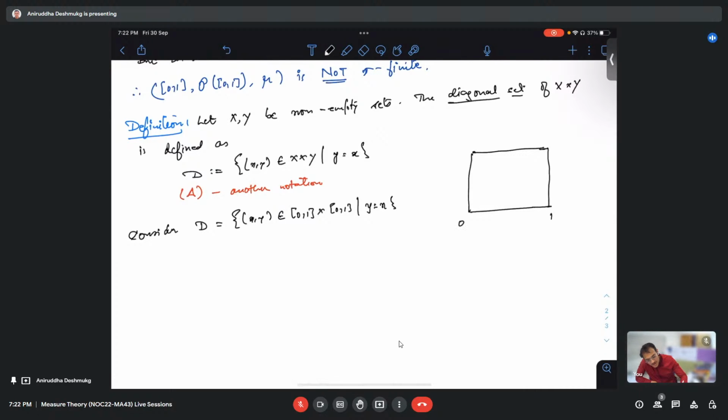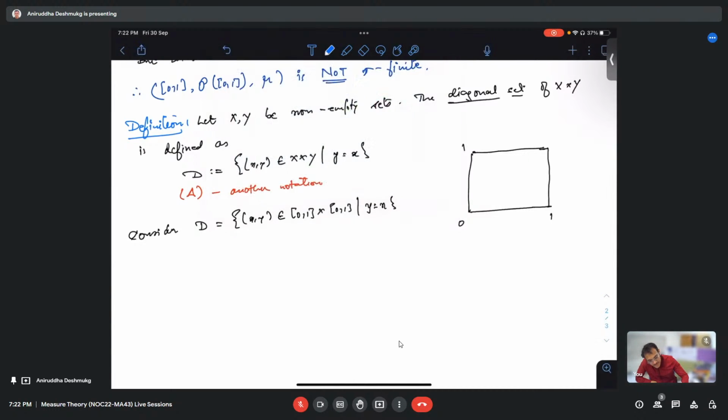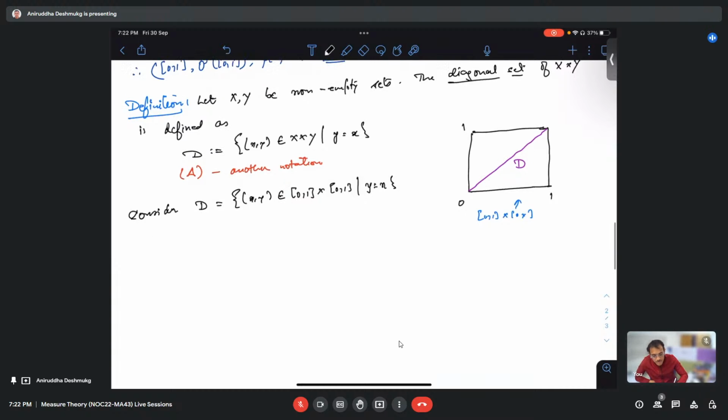So this is [0,1], this is [0,1]. So [0,1] cross [0,1] is this square. And if I look at the x equal to y line, that is precisely this line, which is the diagonal of this square. So this is our D.